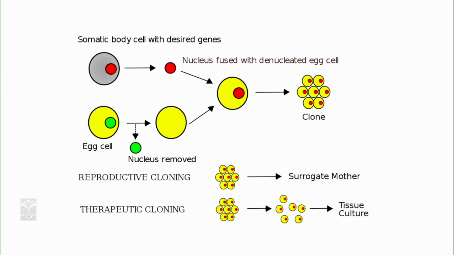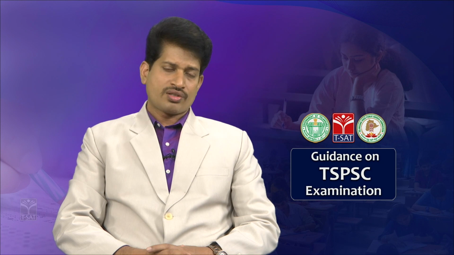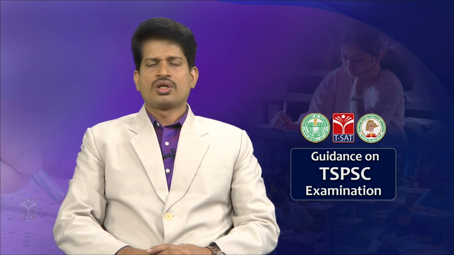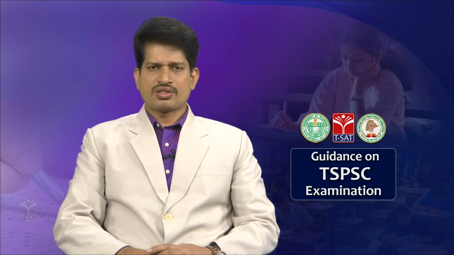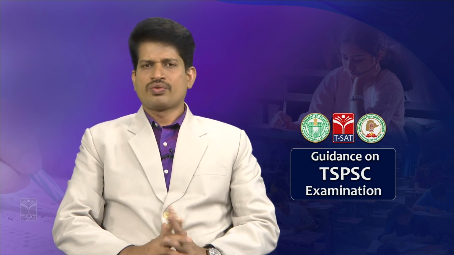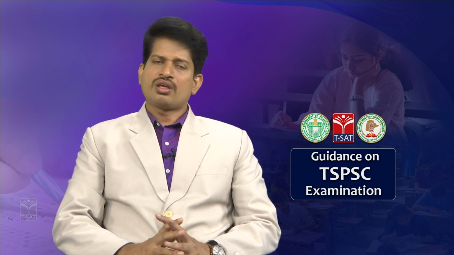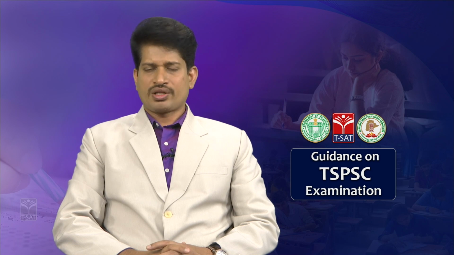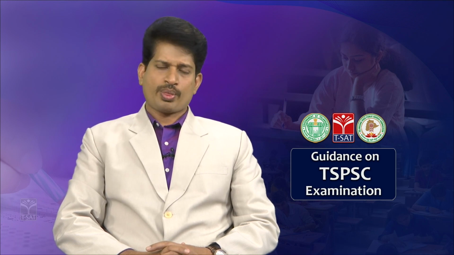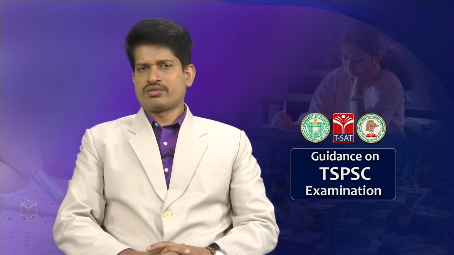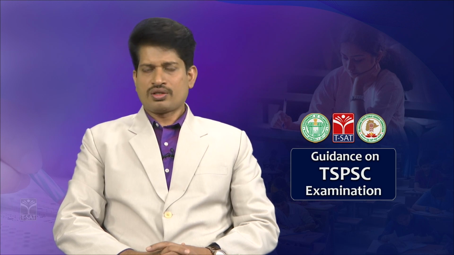When you know what a somatic cell is, you will be able to understand what somatic cell nuclear transfer is. Our body is completely made up of somatic cells except the germ cells known as sperm and ova. The rest of the body is made up of somatic cells.